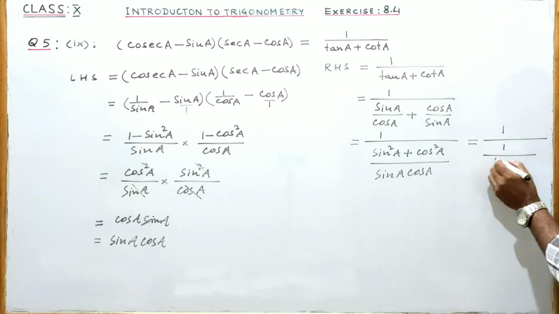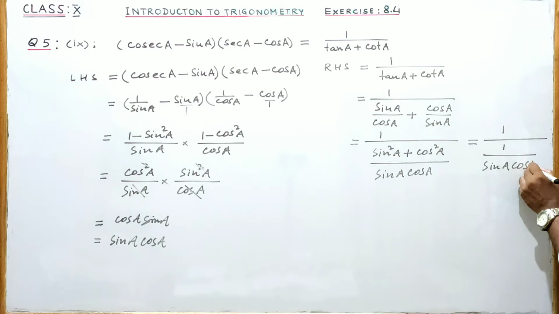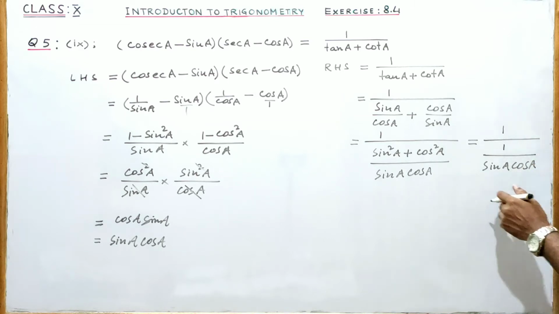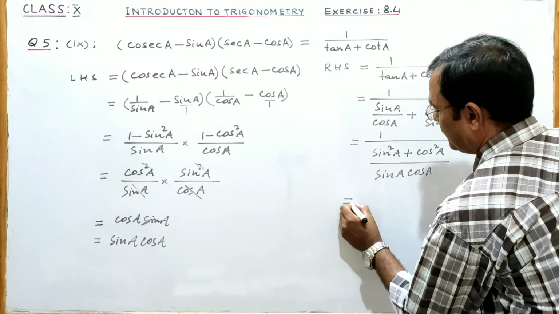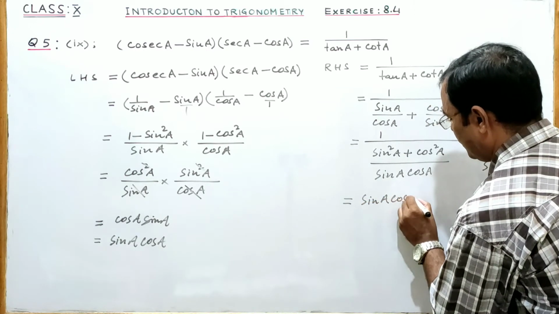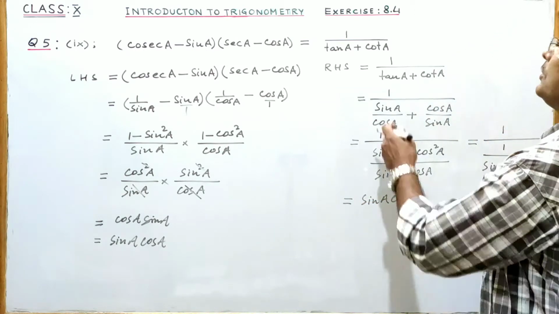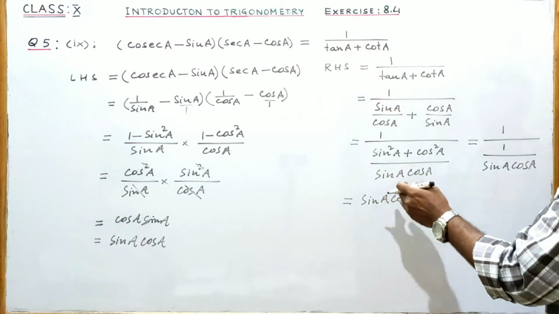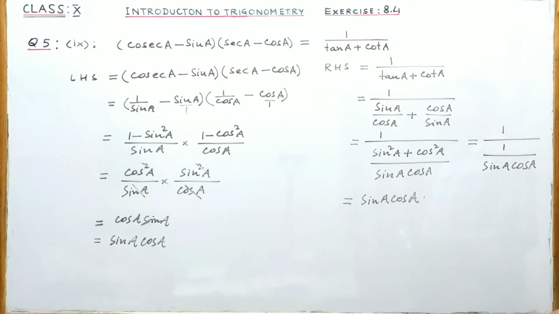So 1 by sin a into cos a, which is equal to sin a into cos a. So right hand side also we have simplified and found sin a into cos a.